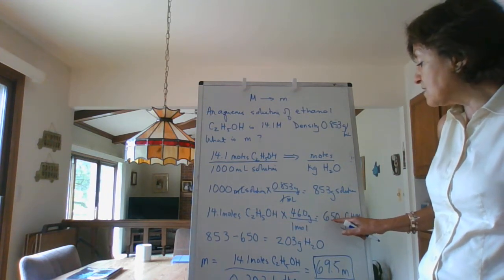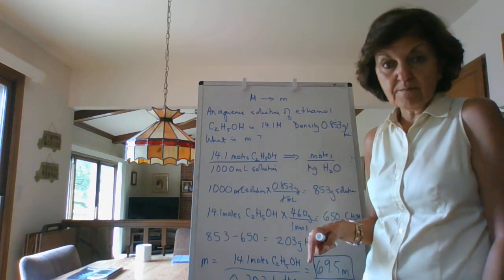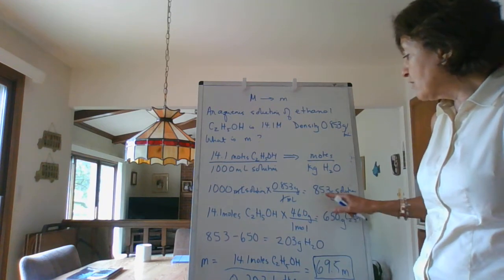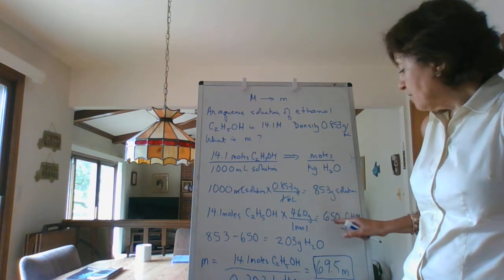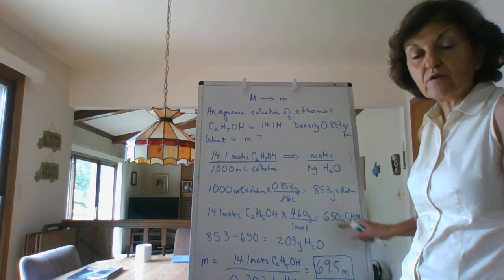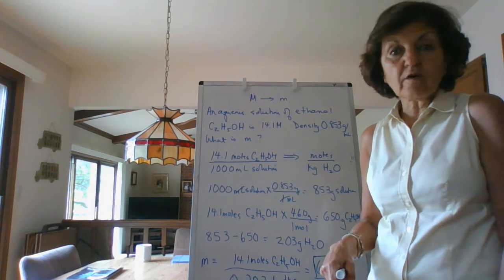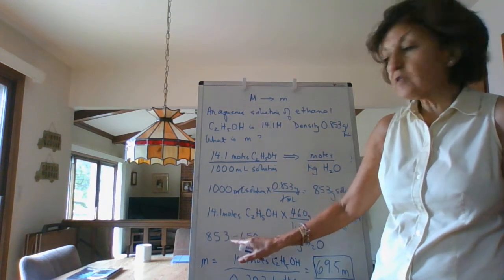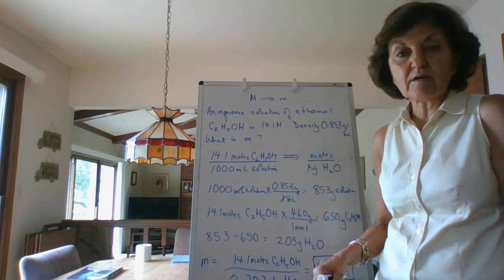So I have 650 grams of ethanol. Now, I know that I have 853 grams of solution, and I have 650 grams of ethanol. So if I do this minus this, the rest is the water. So 853 minus 650 will give me 203 grams of water.